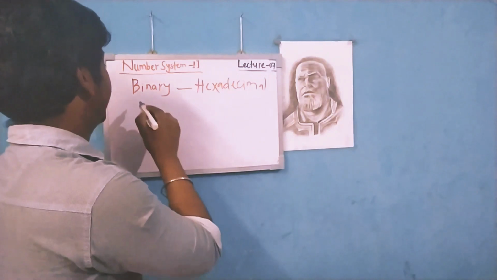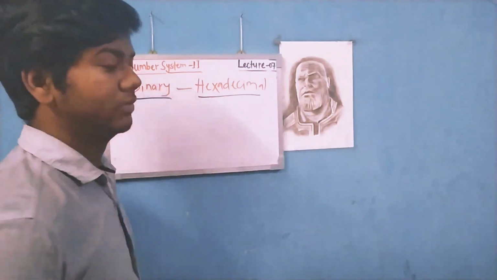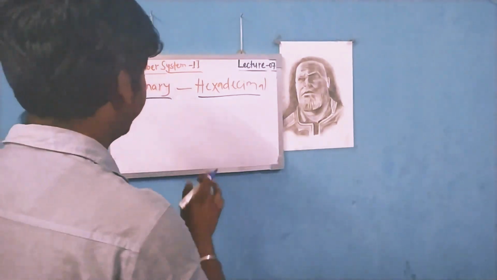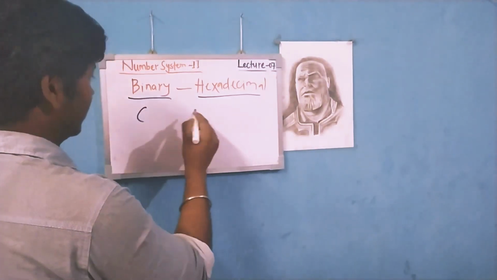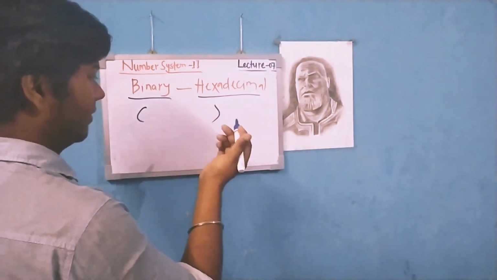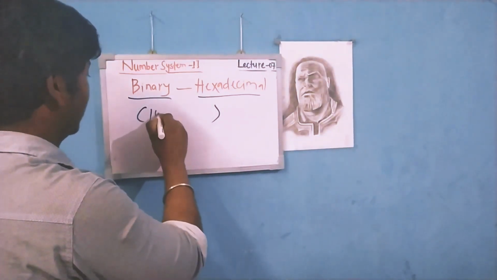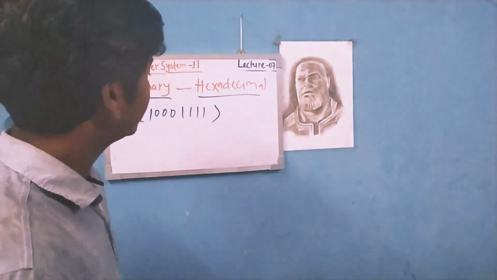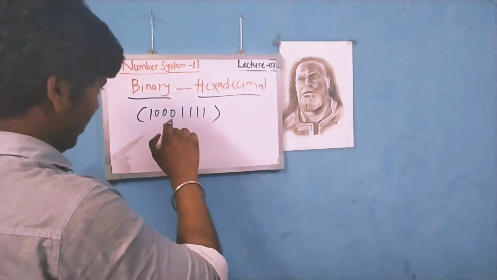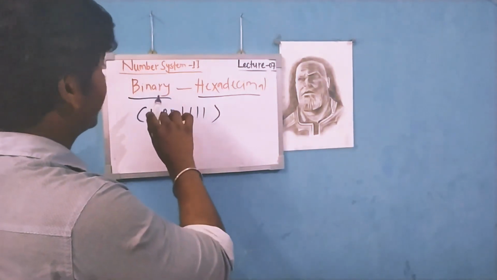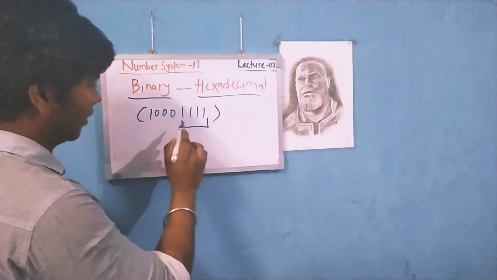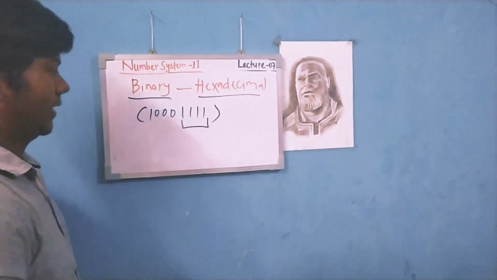How do we convert a binary number to hexadecimal? It is also very easy. Let's see how we do that. Suppose we have a binary number like 10001111. For converting a number from binary to hexadecimal, we take groups of 4 from right hand side to left hand side.